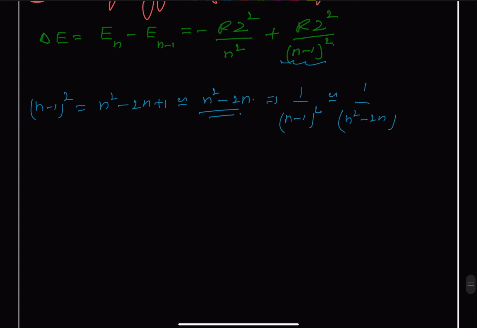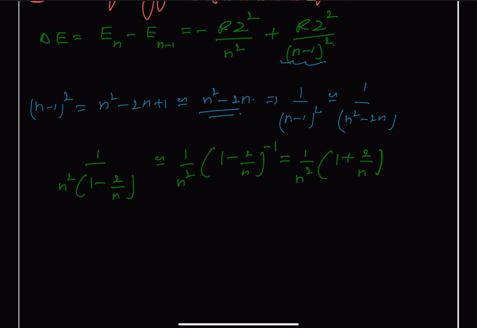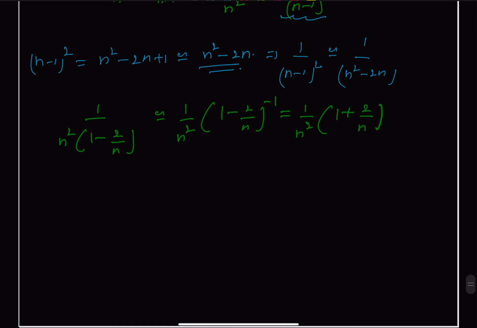This can be further written by taking n square common, so this comes as n square into 1 minus 2 upon n, and approximately 1 upon n square into 1 minus 2 upon n whole raised to power minus 1, which comes as 1 upon n square into 1 plus 2 upon n, and this gives us 1 upon n square plus 2 upon n cube.